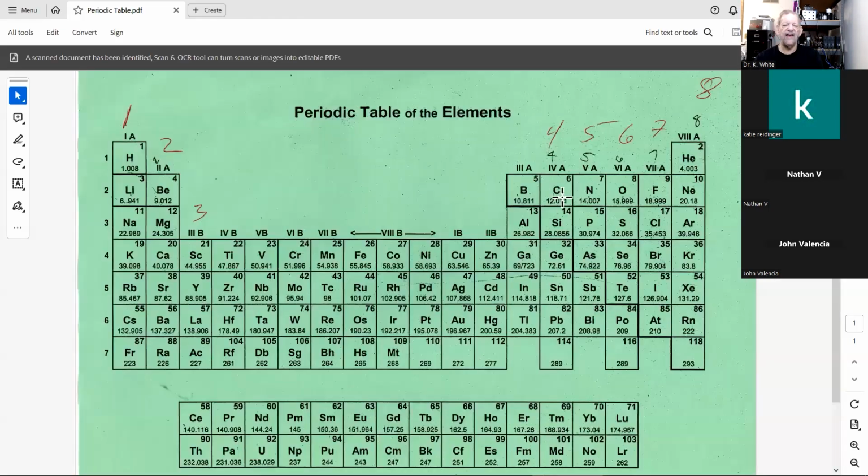Now, if we look at the periodic table, and if I were to draw the electron configuration of carbon, first of all, you have to know how many electrons carbon, chemical symbol C, has: 6.